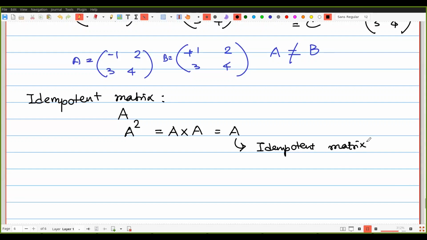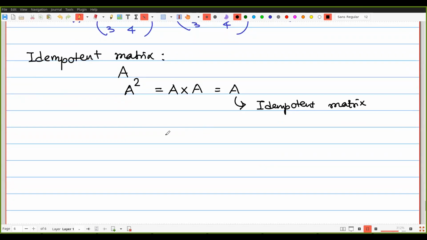Just giving an example, not doing the multiplication at that moment.